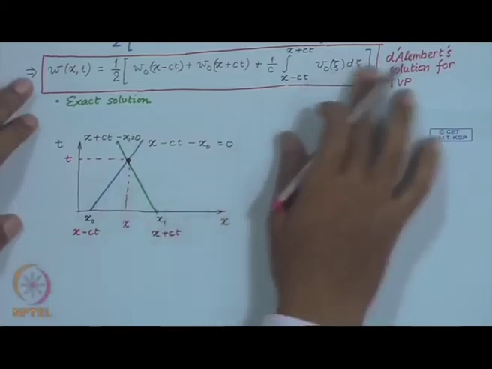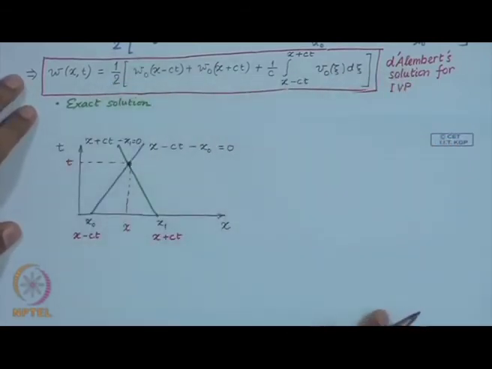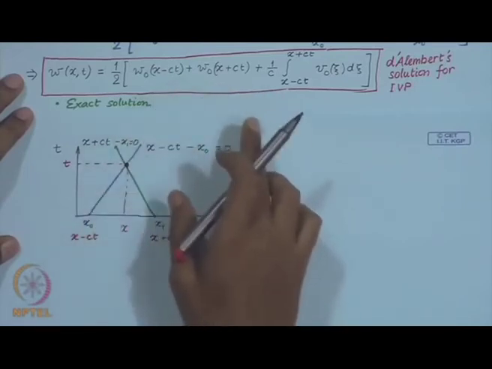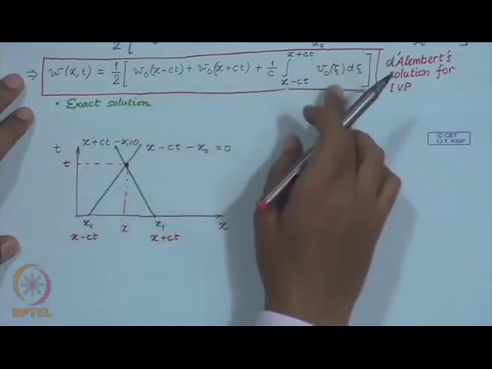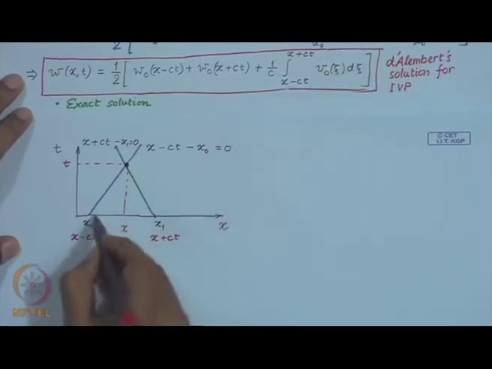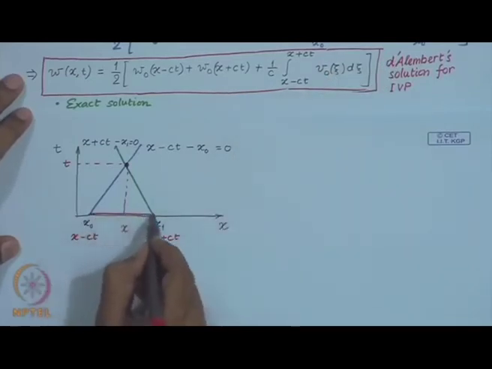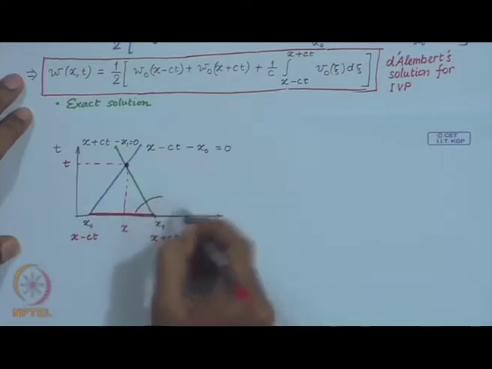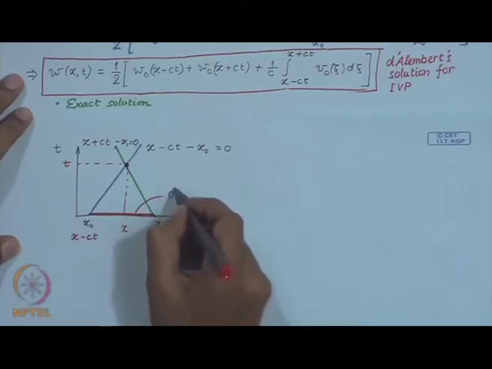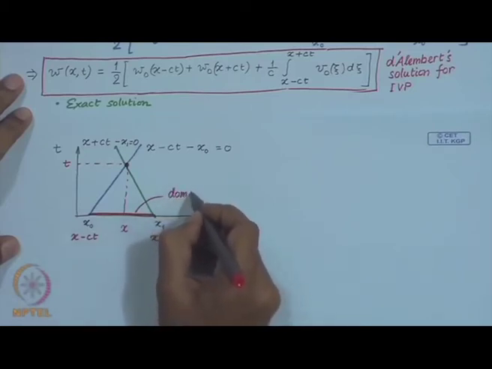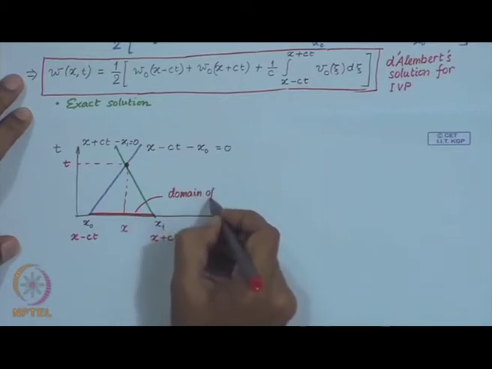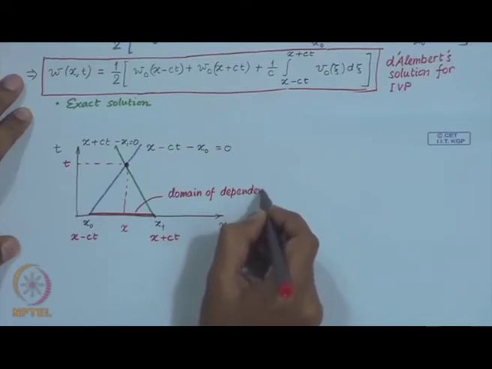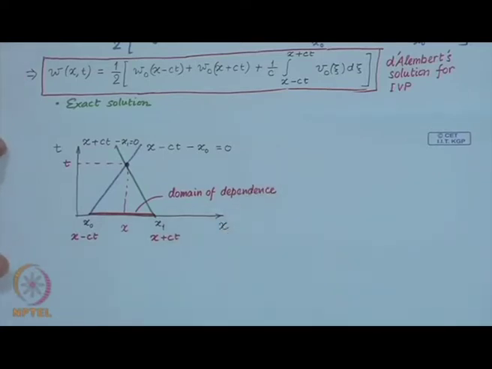So, as you can see in this solution form, it depends on this whole interval, the integral of the velocity distribution over this interval. This is called the domain of dependence of the solution.